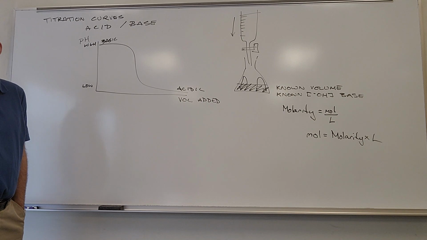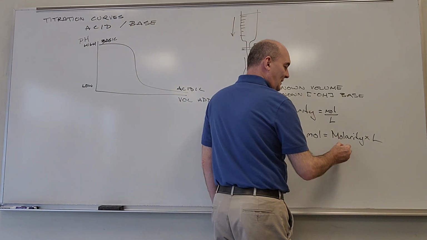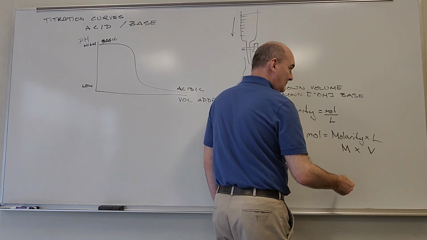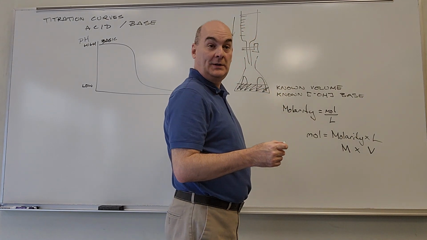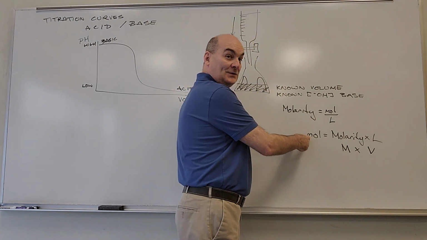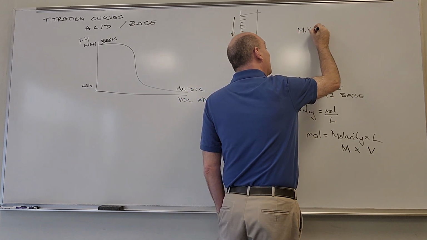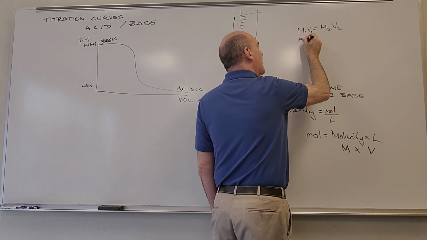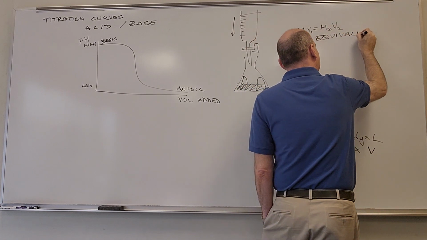I'm not finding anything new, because this is an M times a V. And we're looking for that special point where the moles of acid is equal to the moles of base, where M1 V1 equals M2 V2. And that happens at a special place called equivalence.